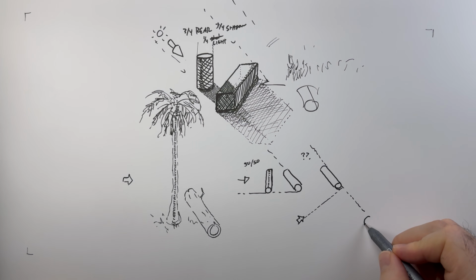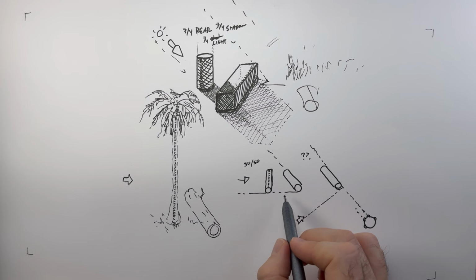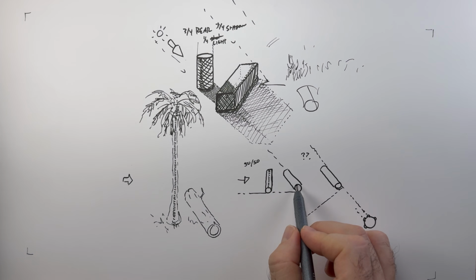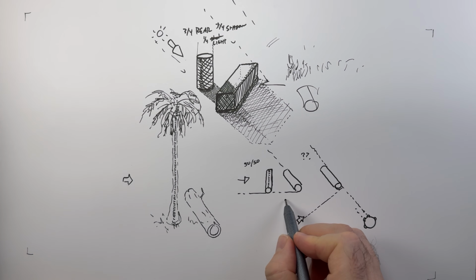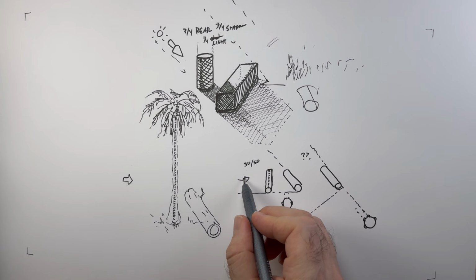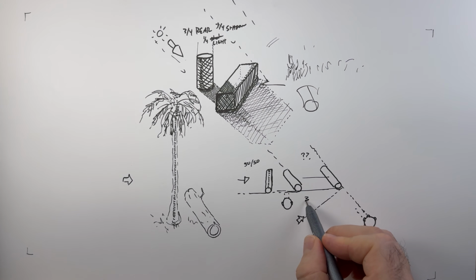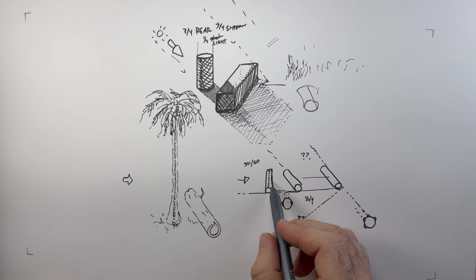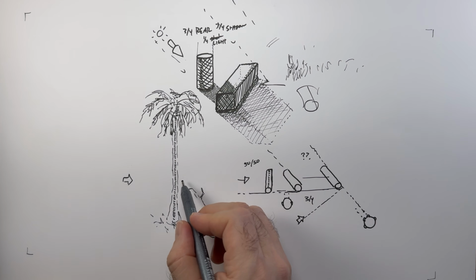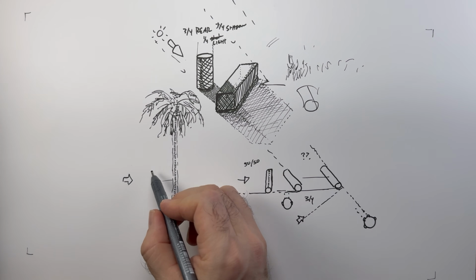If your head was here and you were looking that way. Since we're not there, we're here, and this is angled because our head is looking that way. This is a side light, which gives it almost a 3/4. So now this is basically 3/4.